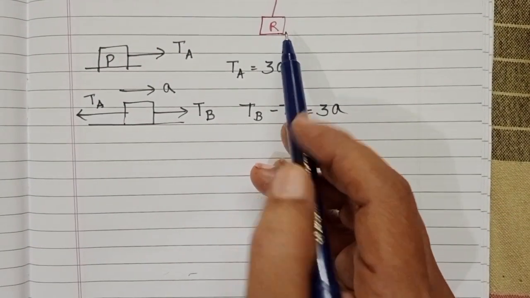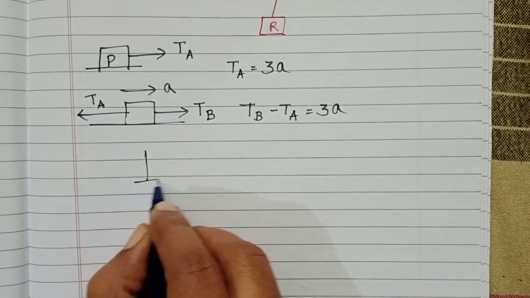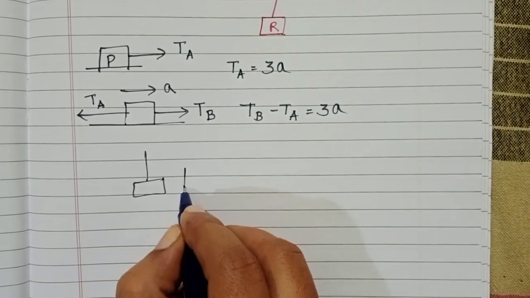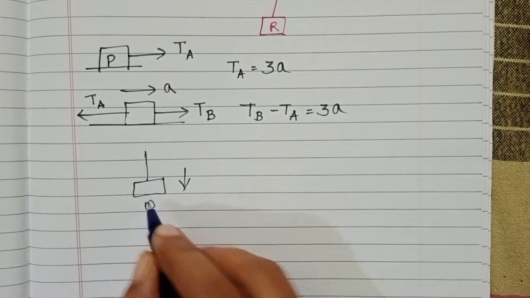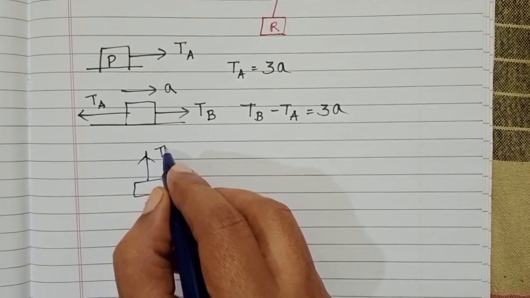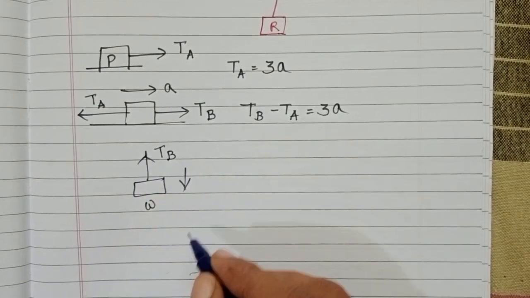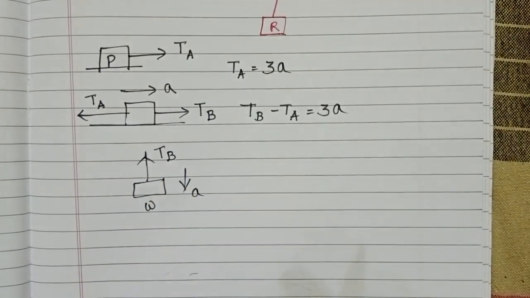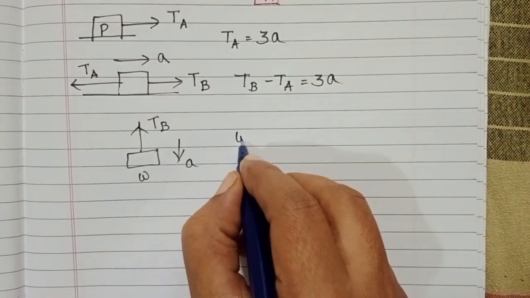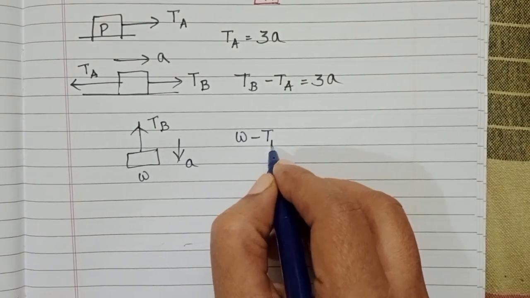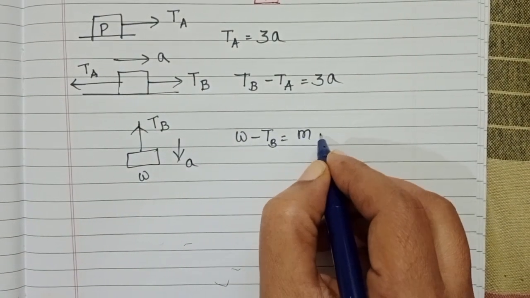And the third block R. This block's weight acts in downward direction and tensional force TB in upward direction, and resultant acceleration in downward direction. W minus T is equal to MA.